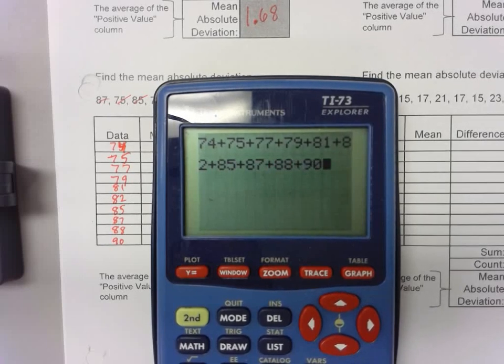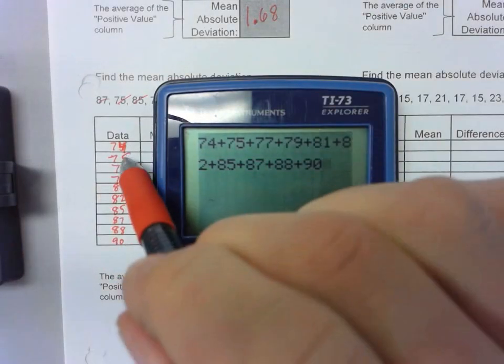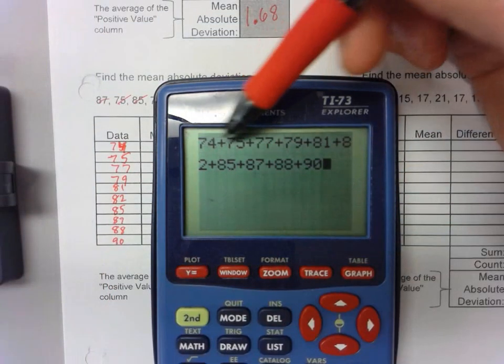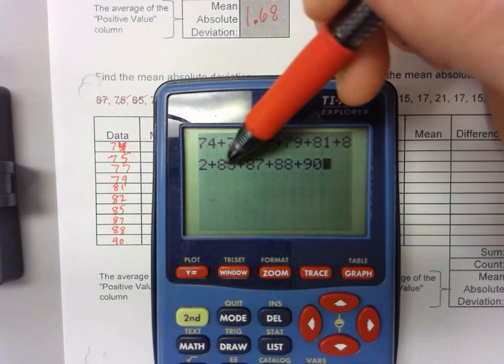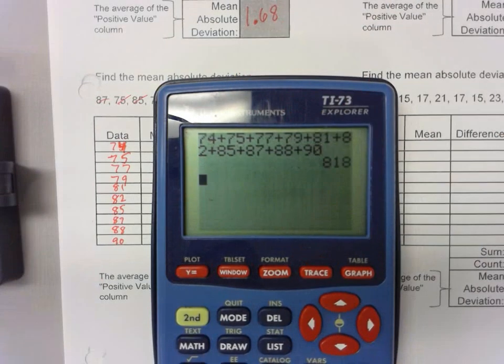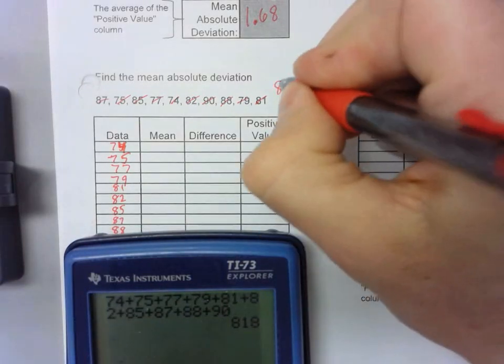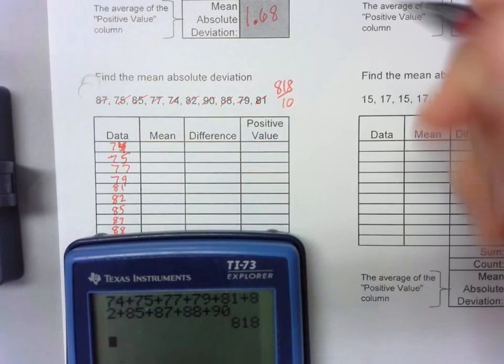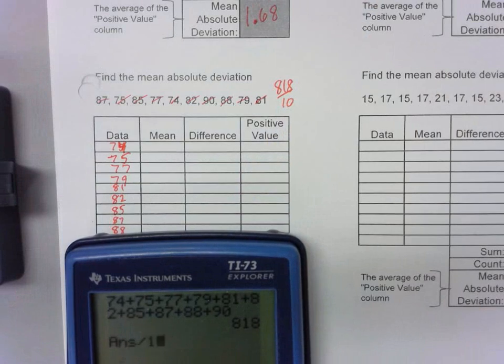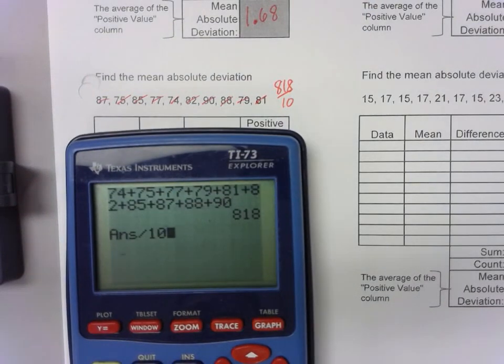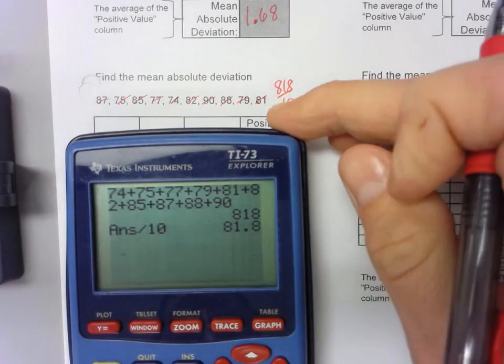Let's make sure I've got 10 numbers: 1, 2, 3, 4, 5, 6, 7, 8, 9, 10. That would be a sum of 818. So 818 divided by 10 gives us a mean of 81.8.